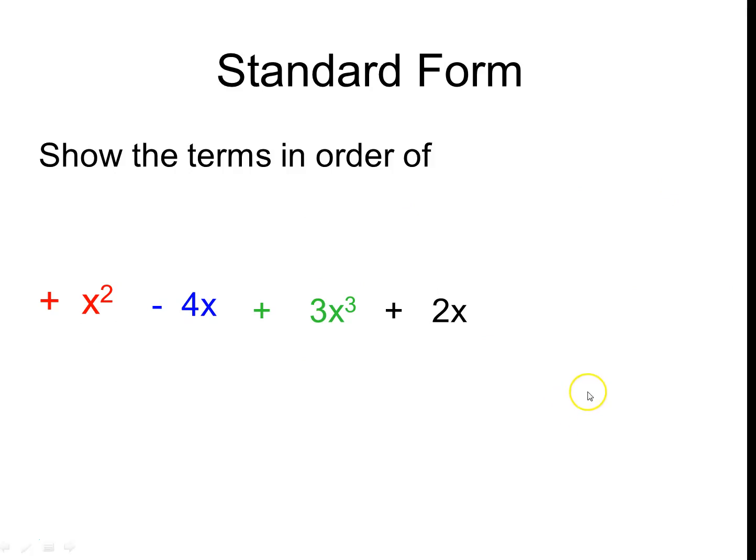All right. Standard form means show the terms in order of descending exponents. Now, you've done this all your life. This is nothing new, but let's just make it a fast and hard rule. I need to put them in order of descending exponents.